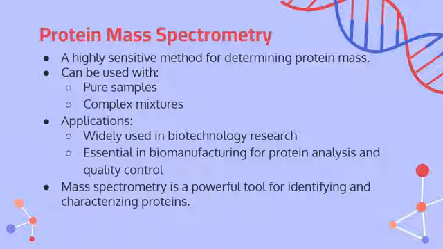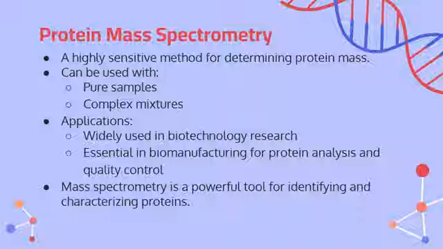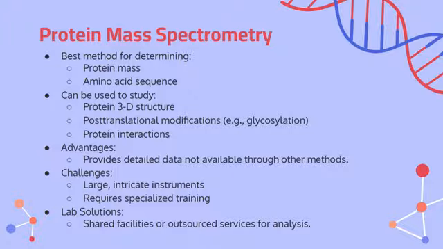This is essential for biomanufacturing of protein, for protein analysis and quality control. Mass spectrometry is a powerful tool for identifying and characterizing proteins. It is best for determining protein mass and amino acid sequences. It can also be used to study a protein's 3D structure, post-translational modification, and protein interactions.